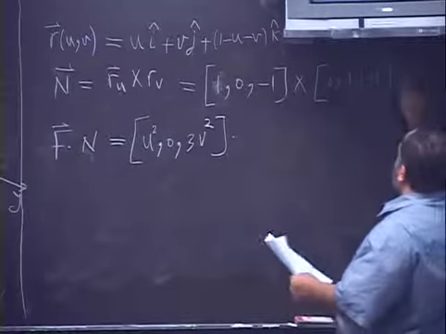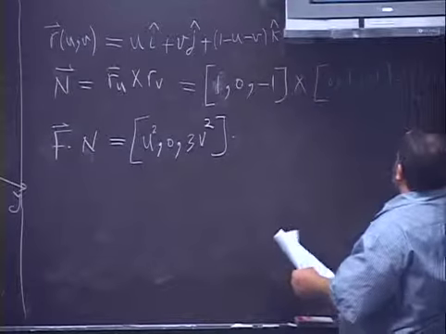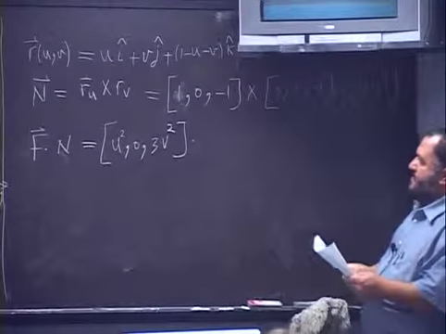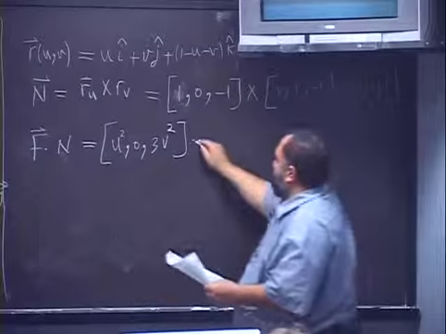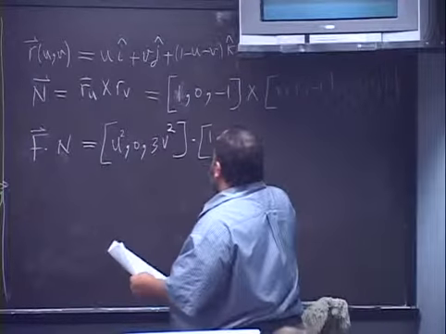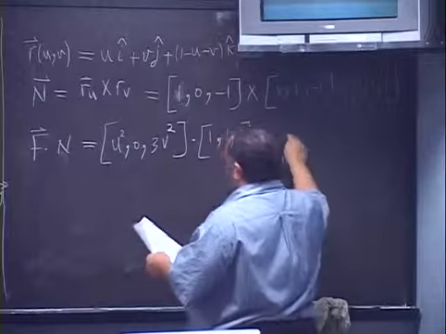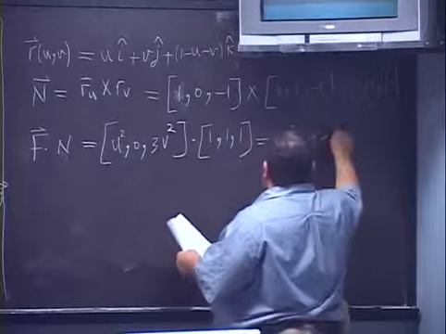If you get this cross product, this will give you 1, 1, and 1. Okay, guys? So this will be dotted with 1, 1, and 1. And this will give you just u square plus 3v square.